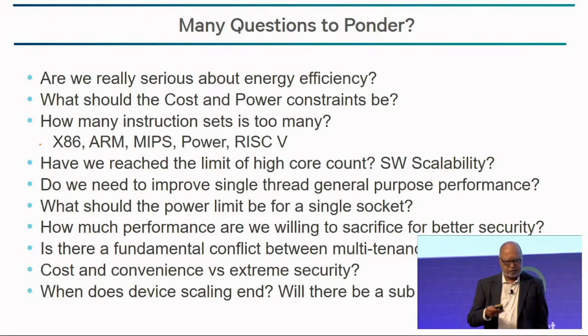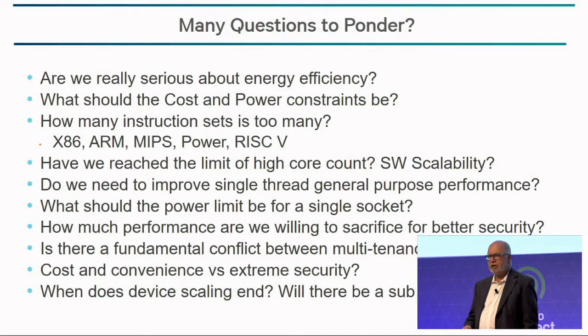Cost and convenience, I covered that. The other thing that I think about, being a semiconductor guy, is when does device scaling end? 7 nanometer is showing up now. We haven't seen the first server processor in 7 nanometers, but you'll see that before the end of this year. 5 nanometers beyond that, and the next will be 3.